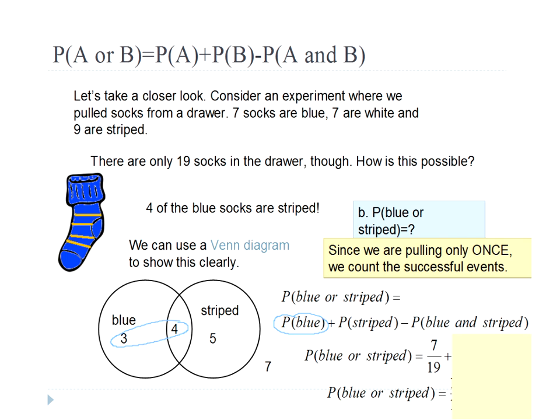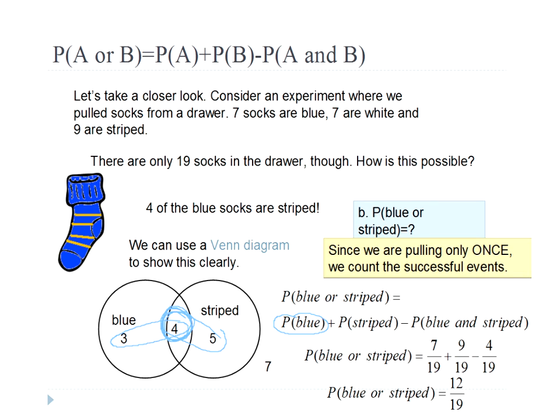And the probability of getting a striped one is 9 out of 19. And then for getting both, there's no multiplication here because I'm just pulling once. I just count this up, and I would say I have to subtract those 4. So this gives me 12 out of 19.